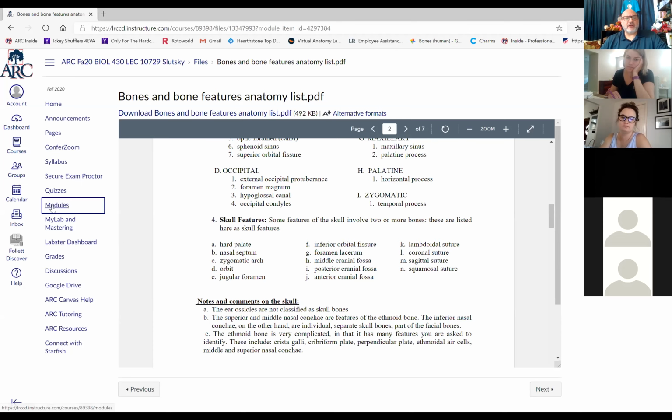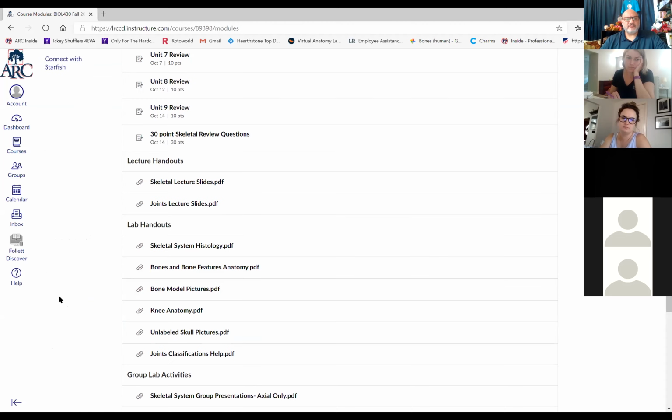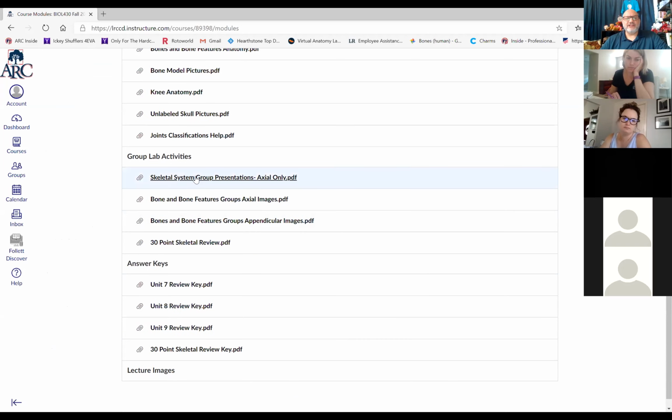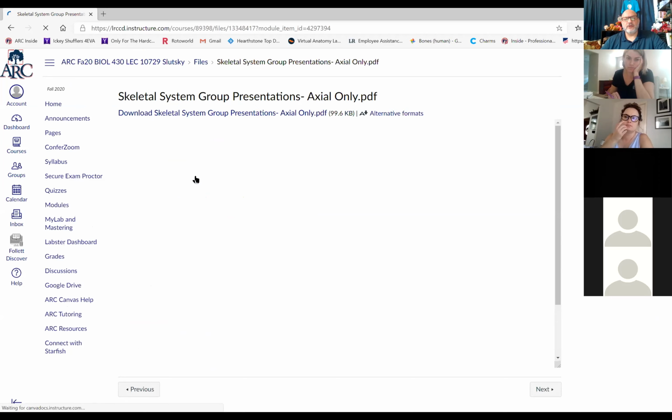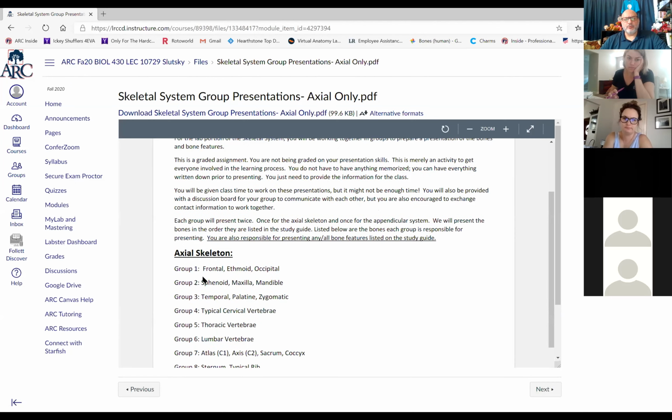Also, you'll notice under the modules, you will see under the group activities, not only the lists of which bones and bone features you're going to be responsible for. So for instance, group 1 is going to be responsible for the frontal bone, the ethmoid bone, and the occipital bone, and all of its bone features. Group 2, sphenoid, maxilla, and mandible, and so on and so forth.